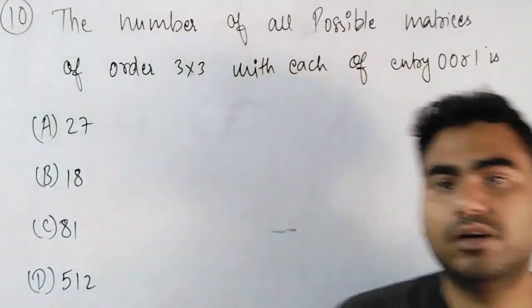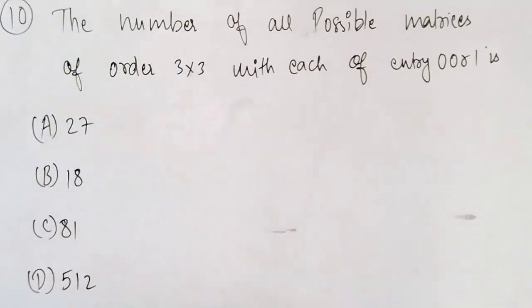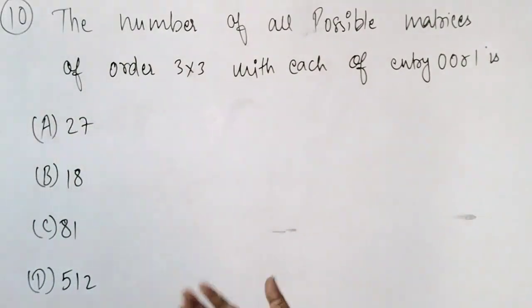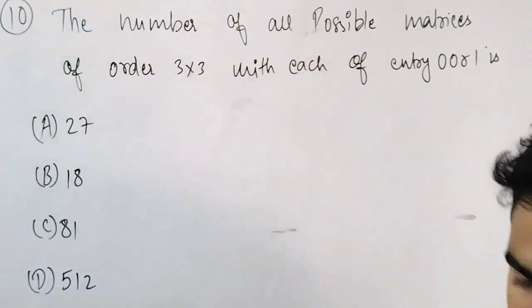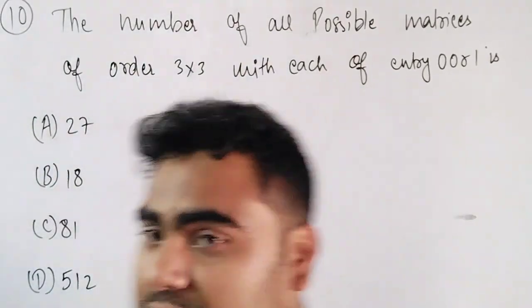Hello everyone, this is the last question of this exercise. This question is more about permutation and combination rather than matrices. That means it is more PNC, less matrices. So now we have to recall the concept of permutation and combination we studied in class 11.